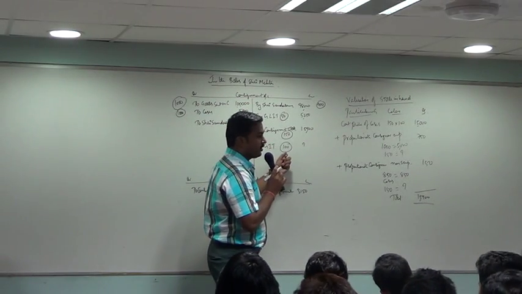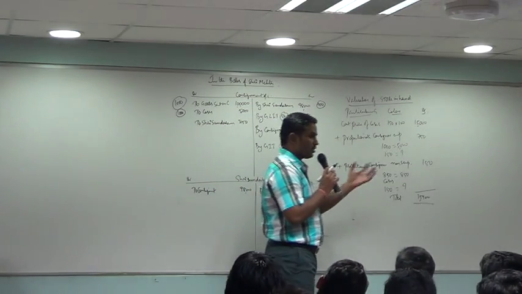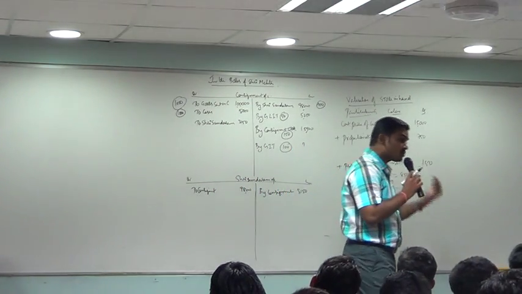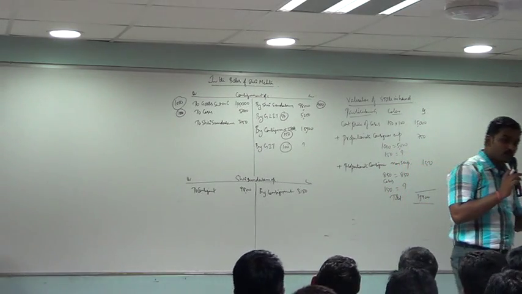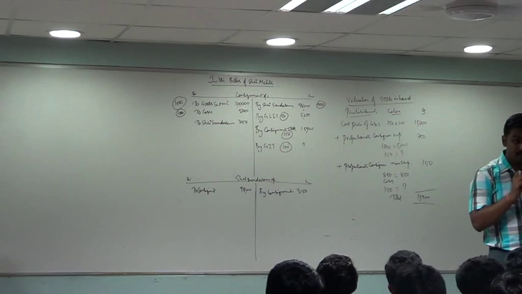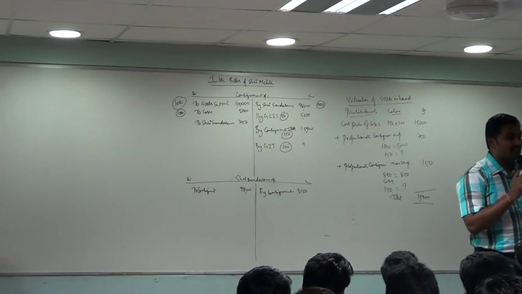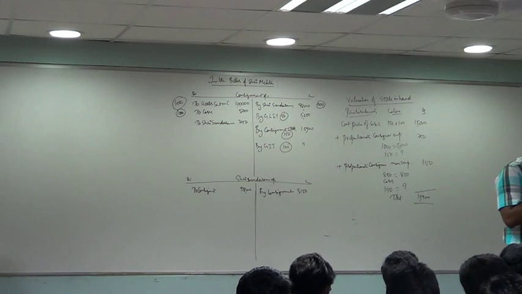Now we have to find out the value of goods in transit. It is also equal to unsold goods because we have not received it, we have not sold it yet. Hence valuation will also be equal to unsold goods, but these goods have not been received. The consignee has not spent any amount on this.